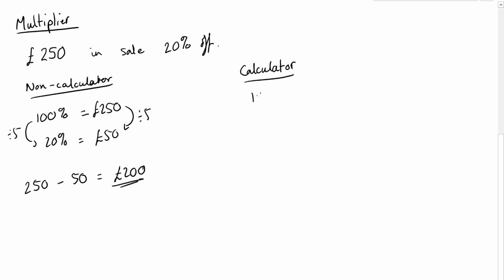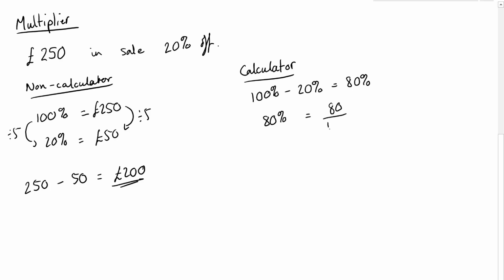So if we're originally starting with 100% and we're minusing 20%, we're going to end up with 80%. So what we're actually trying to work out is what is 80% of 250. And the way we'd do that is we'd see that 80% is 80 per 100, because cent is 100.